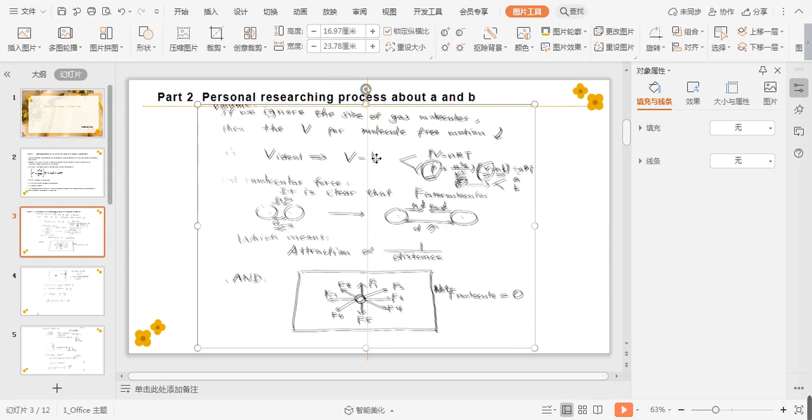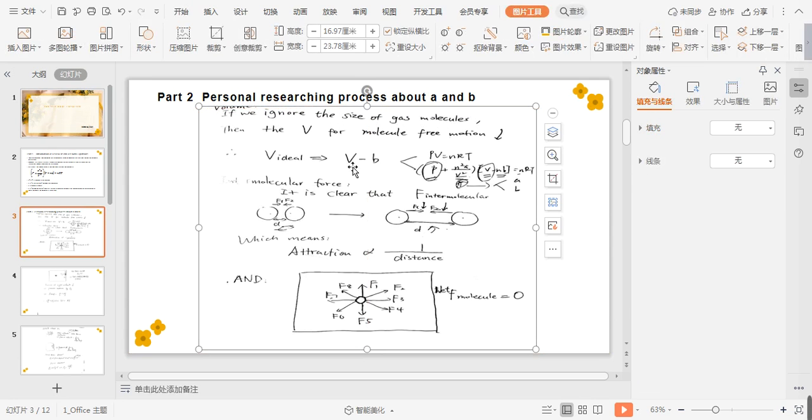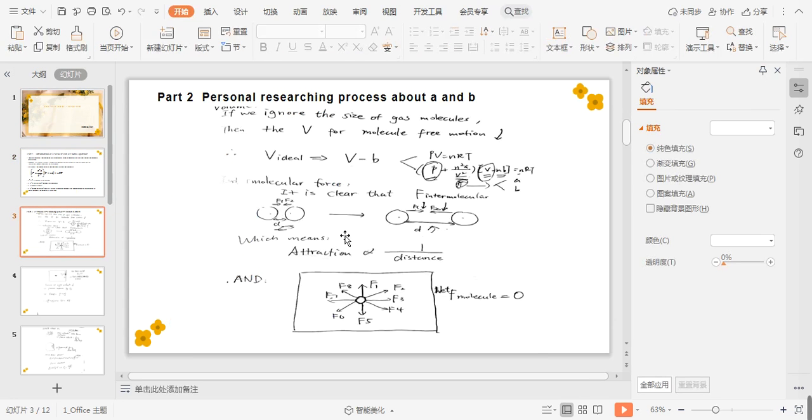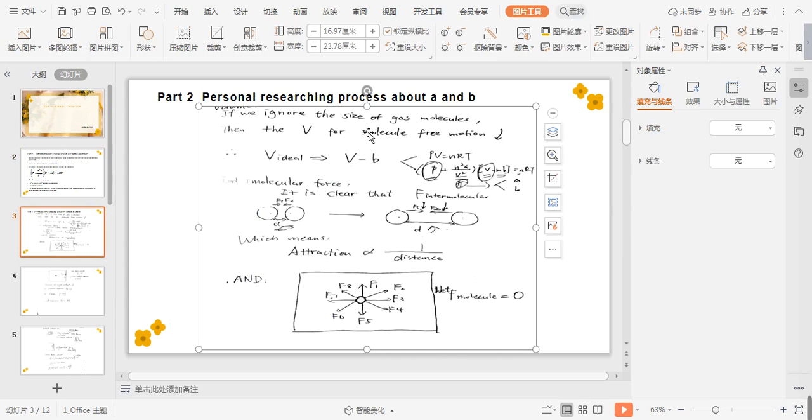So today, my in-depth topic is to show you the research process about what a and b in the van der Waals equation stand for. The volume, as I said before: in the ideal gas law, we ignore the size of gas molecules.